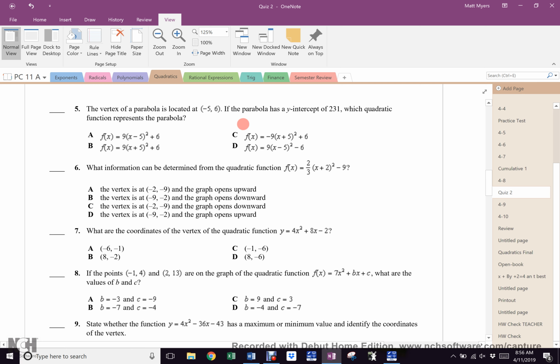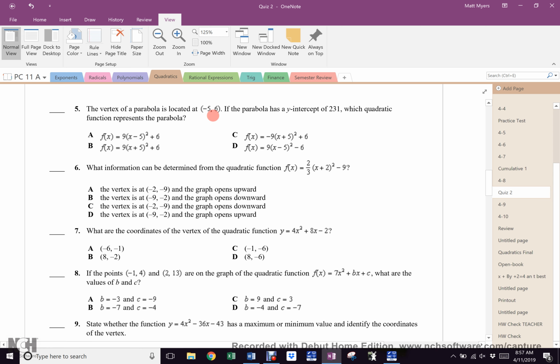Ooh. Tough one. Is it allowed to be A or D? No, it has to be B or C, right?